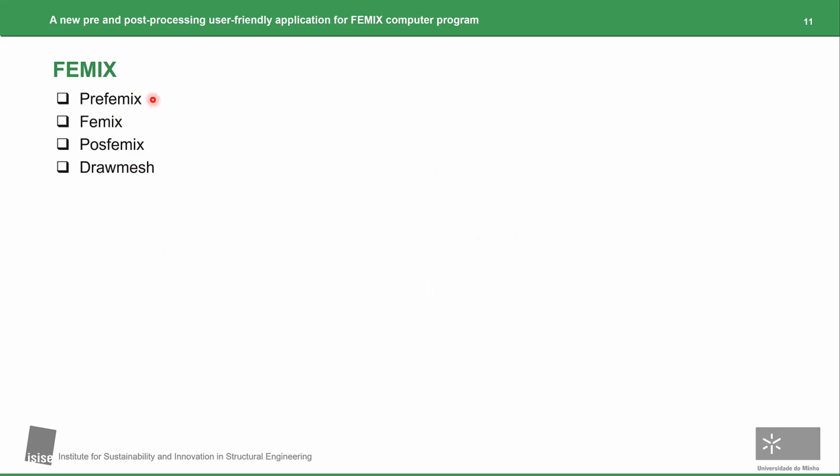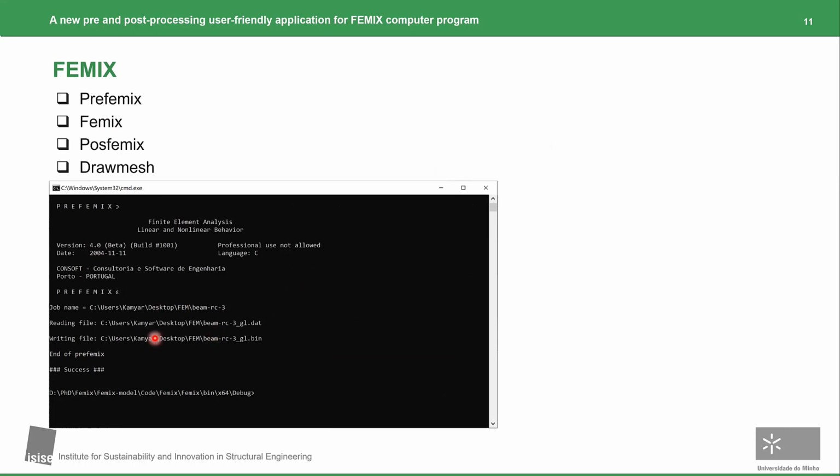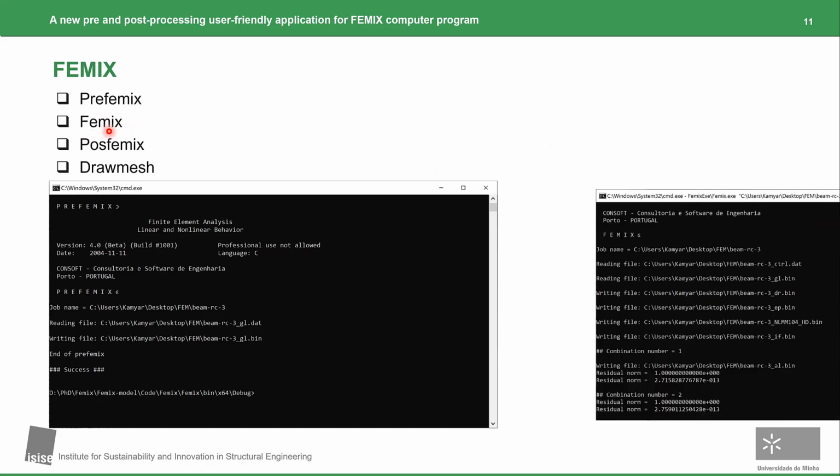Femix generally has three main applications by itself. The first one is pre-Femix, which will check the model and check if everything is fine. And then when we see the success command, we can go to the next step, which is Femix.